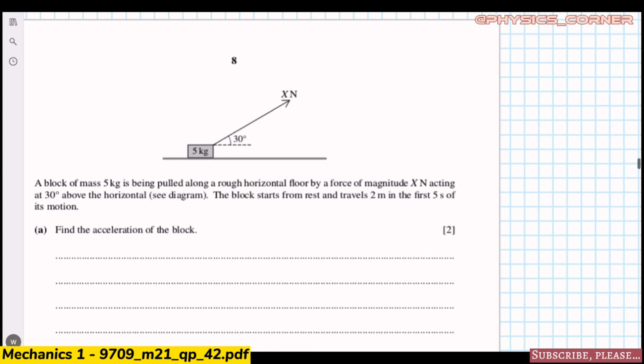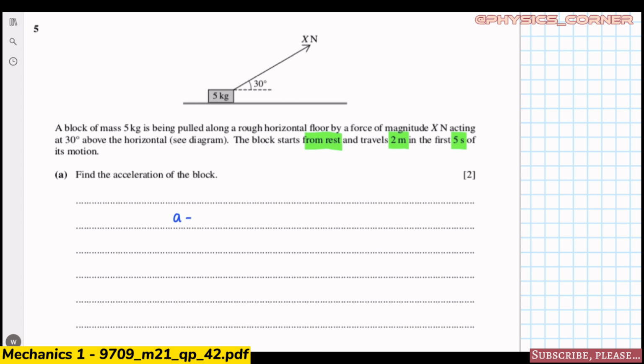Okay, then for acceleration we use the formula... sorry, 2 meters.